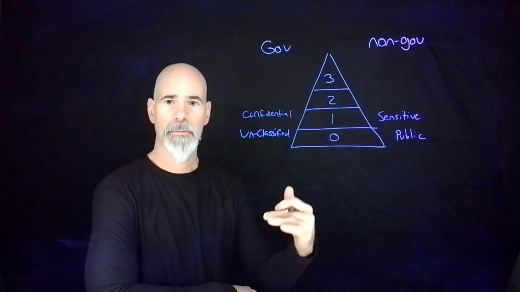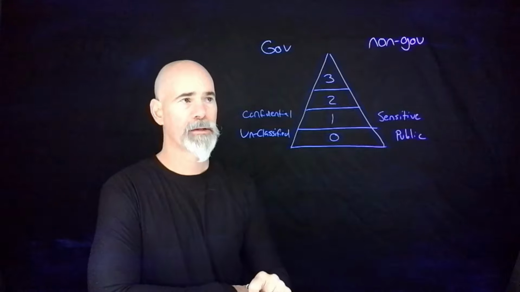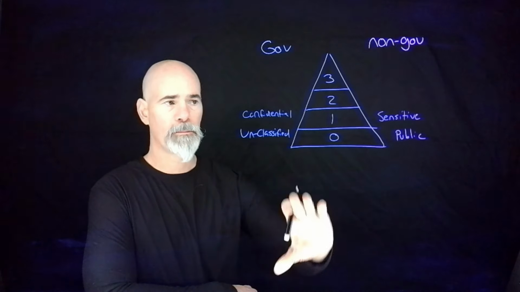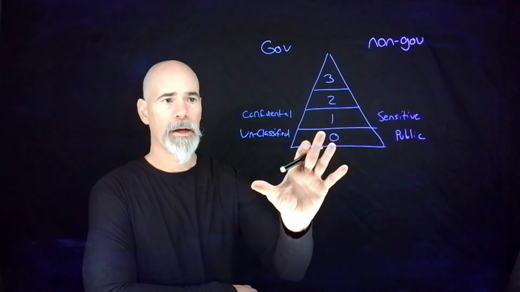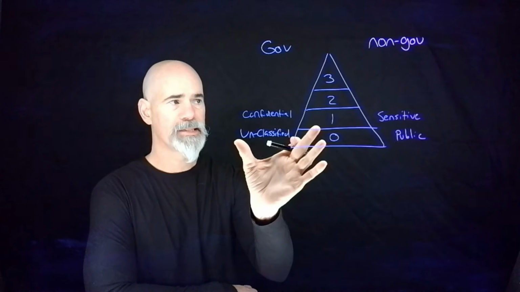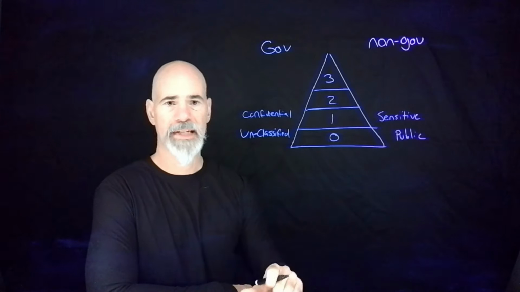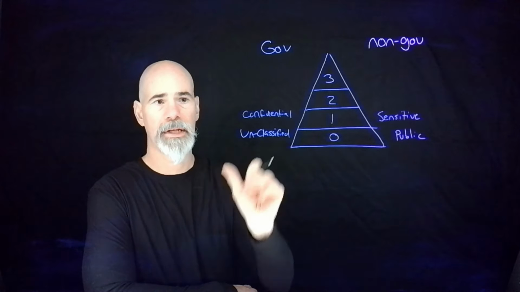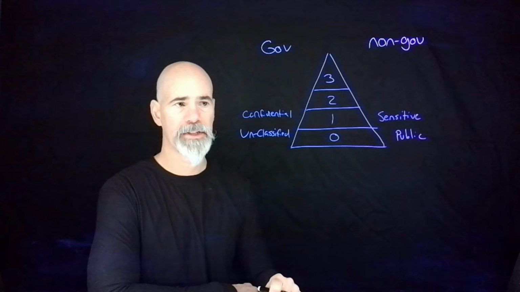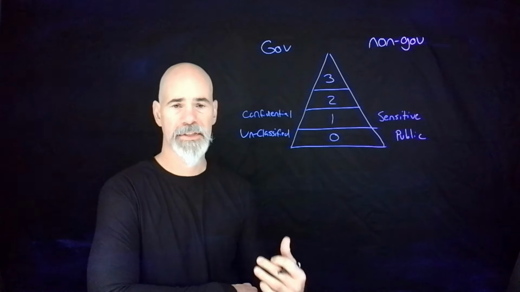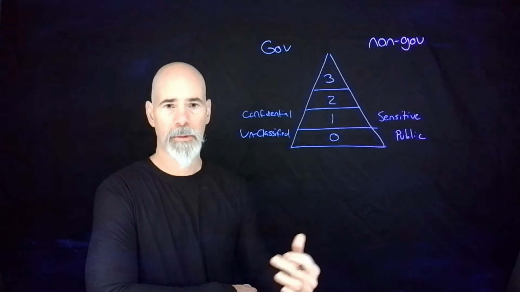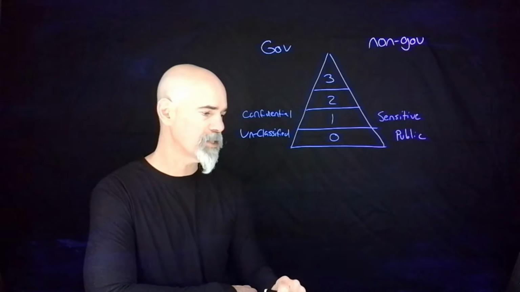Now again, as we move up the stack from lower level, meaning more widely open, to something that's confidential or sensitive. In the non-government sense, it's considered sensitive. In the government sense, it's considered confidential. This information obviously is going to have fewer eyes and is not publicly available. It's going to require some level of special access.